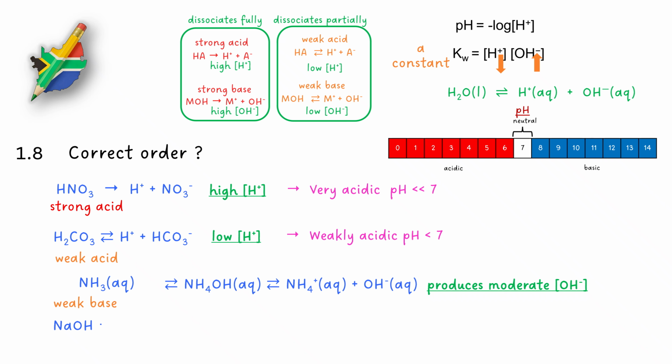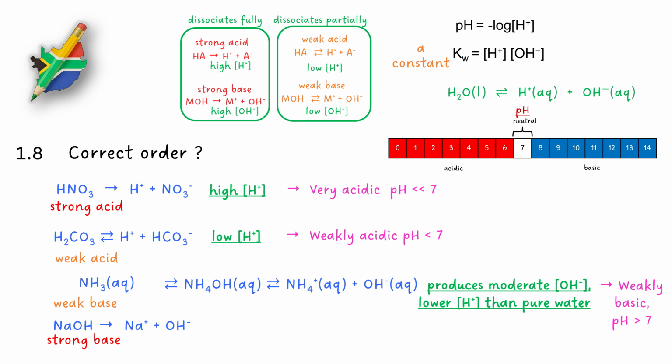If the concentration of hydroxide ions is high, then the concentration of hydrogen ions is low, to keep Kw a constant value. And if the concentration of hydroxide ions is low, then the value for hydrogen ions is higher. Since ammonia solution produces a moderate concentration of hydroxide ions, the concentration of hydrogen ions is lower than pure water. And so the pH is weakly basic.